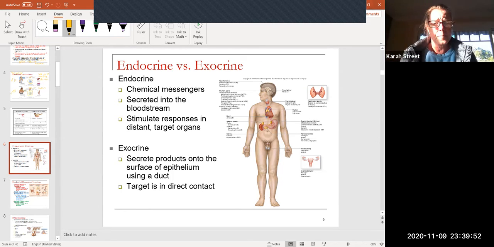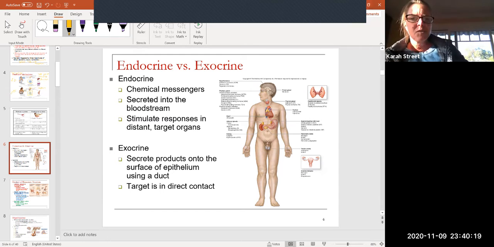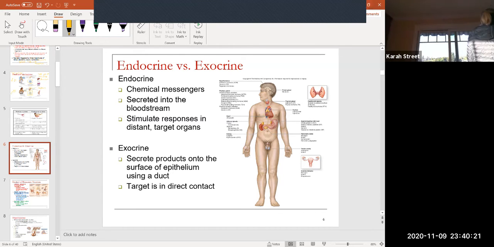You defecate. So exocrine, they're going to be released into a structure that is lined by epithelium, either a duct like your intestines or the surface of your body like your skin, your epithelium. And there is direct communication with the gland to this lumen, versus endocrine, again, released into the bloodstream, circulates throughout the body, and can have very distant targets.